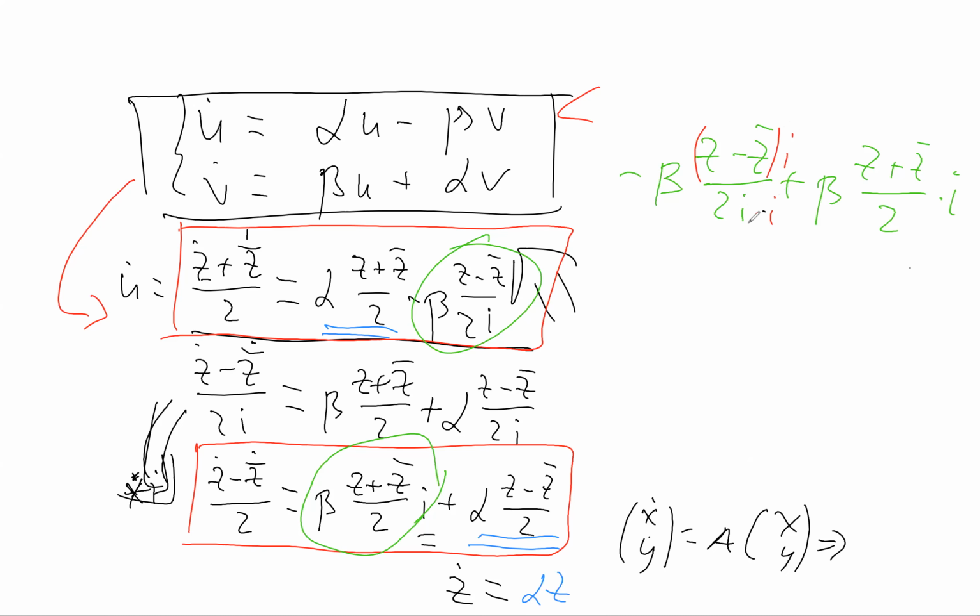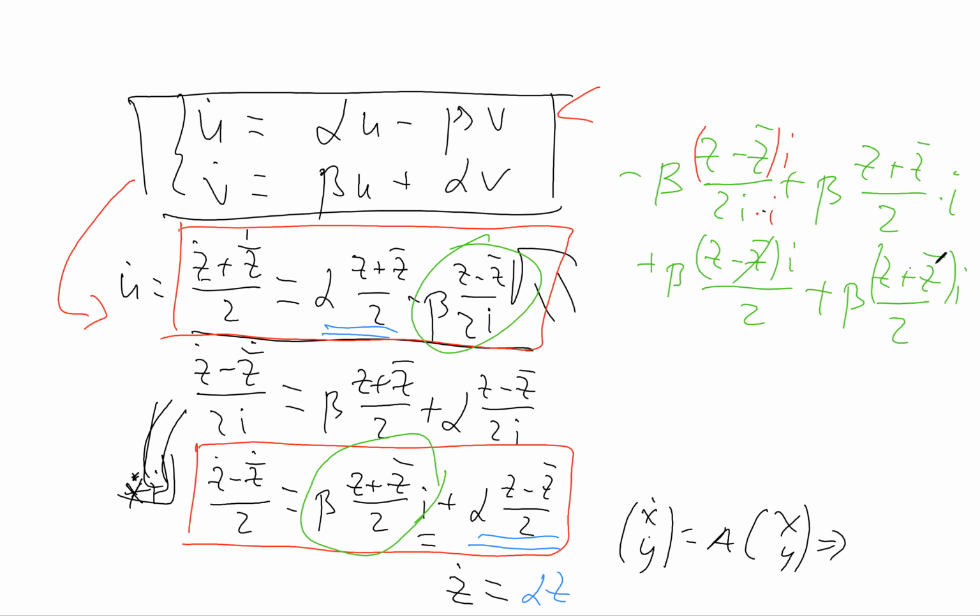I squared is minus, therefore it will be plus beta times (z minus z conjugate) times i divided by 2, plus beta times (z plus z conjugate) over 2, again times i. So what we see here is minus the complex conjugate of z plus the complex conjugate of z in these two cases.